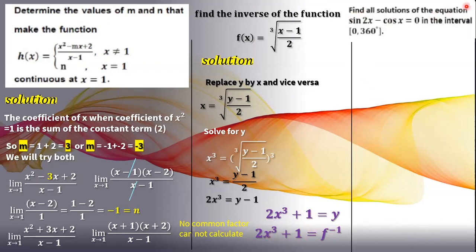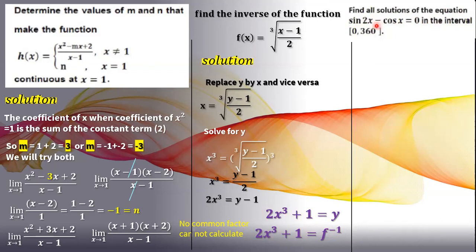Next question. Find all solutions of the equation sine 2x minus cosine x equals 0 in the interval 0 to 360. Take care, this angle is 2x, but this angle is x. Okay, guys.